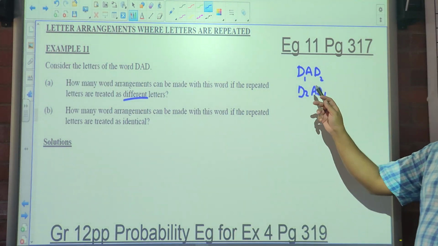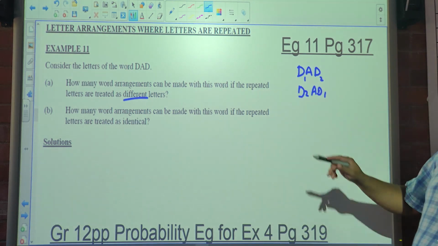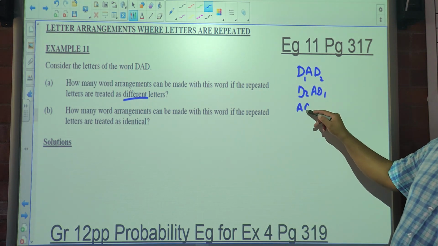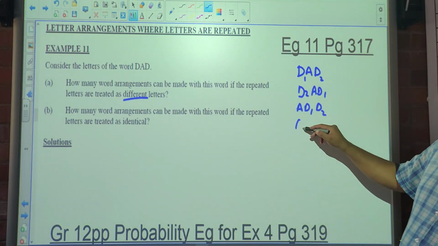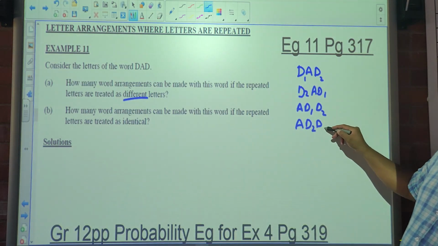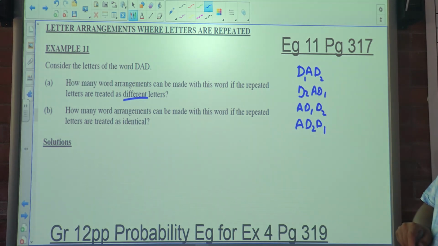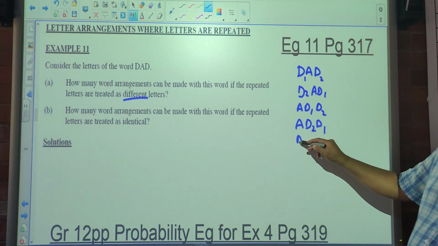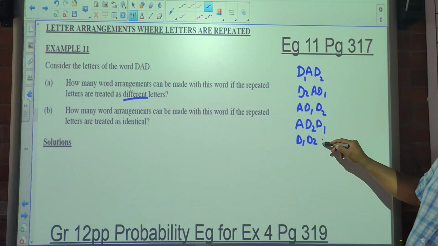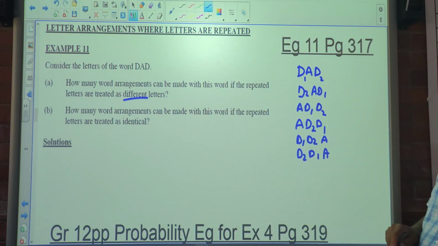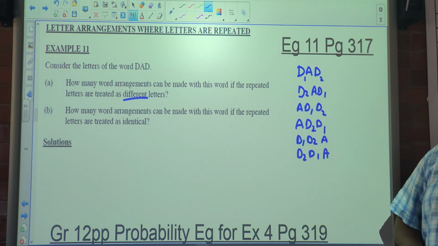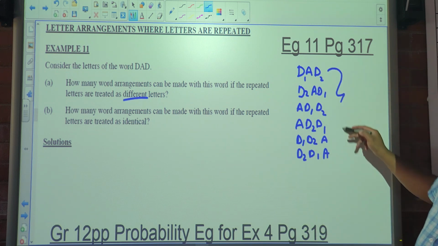How else can this word arrangement be arranged? A double D is 1 and 2. A double D, 2 and 1 of course. Double D, A, and D2, D1, A. So how many word arrangements are there? There are 6 word arrangements.